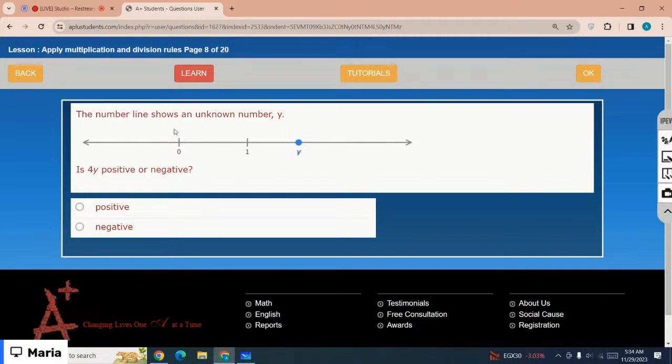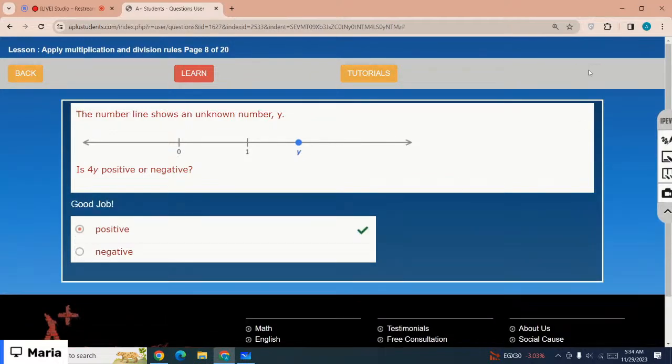Yes, that is positive. The correct option is positive.